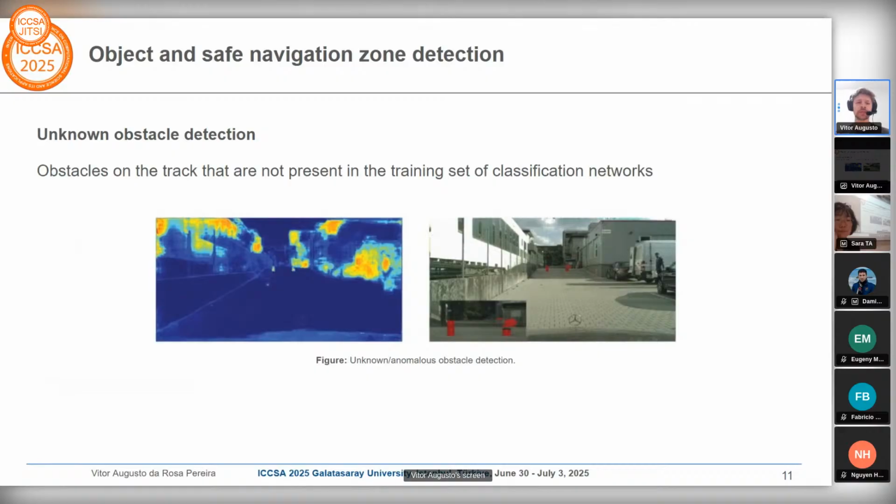For example, the YOLO network that uses supervised methods. So if we don't have the examples on the training set, we cannot classify this object. We cannot detect this object, this obstacle on the road. So it's a problem for the autonomous vehicle. So this kind of problem is addressed by the authors.